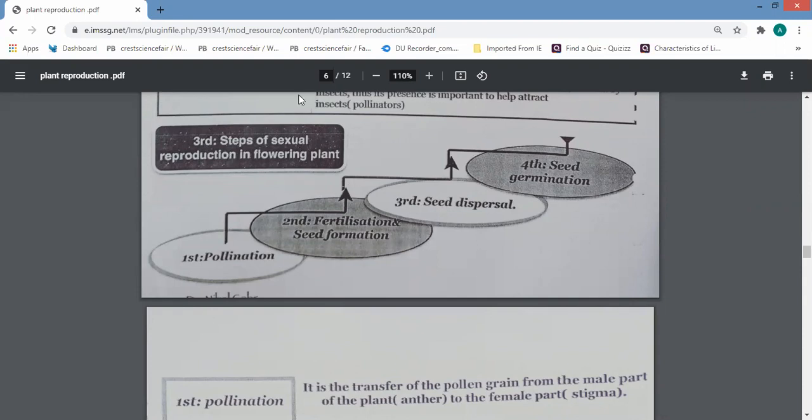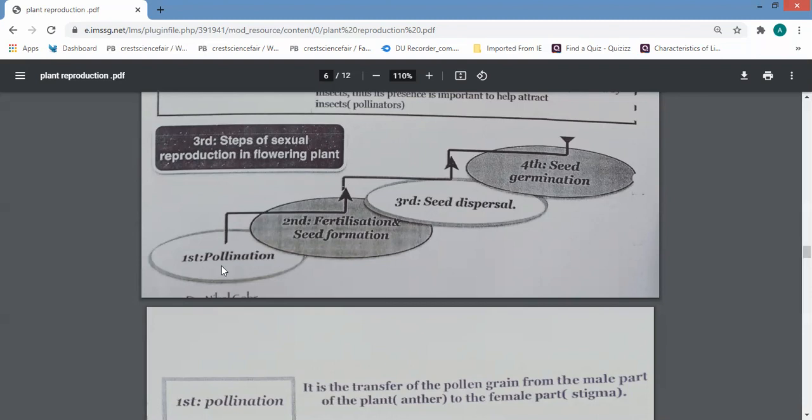Next point, about the steps of sexual reproduction in plants. Sexual reproduction in flowering plants includes four steps. Firstly, the pollination.